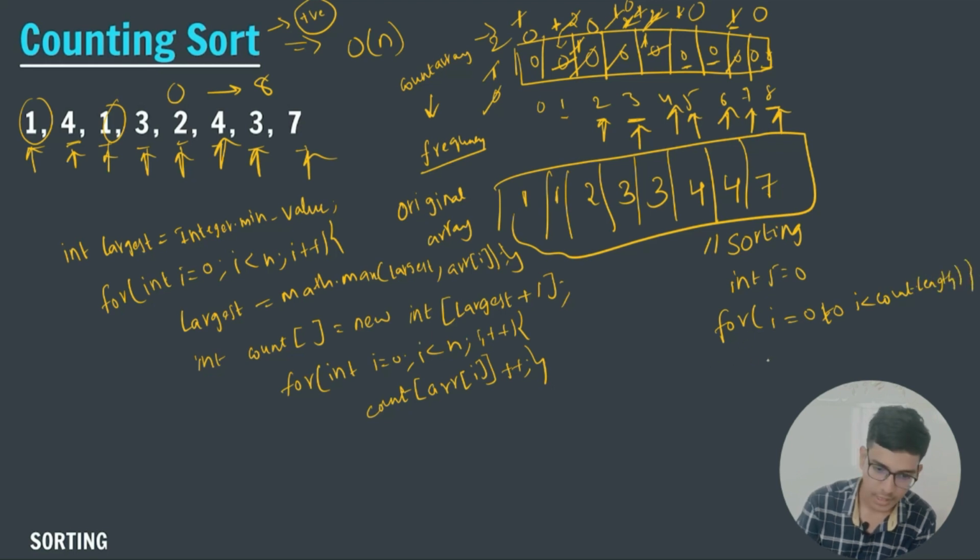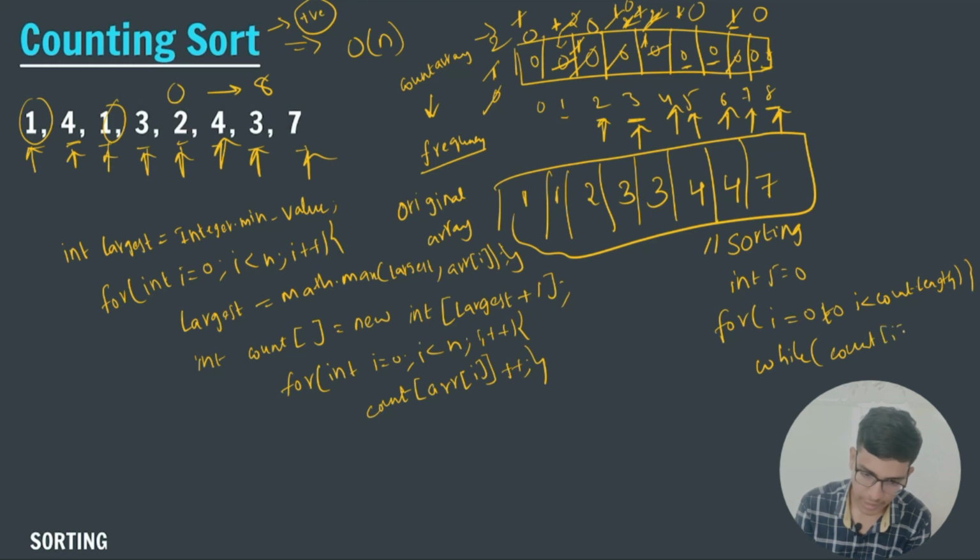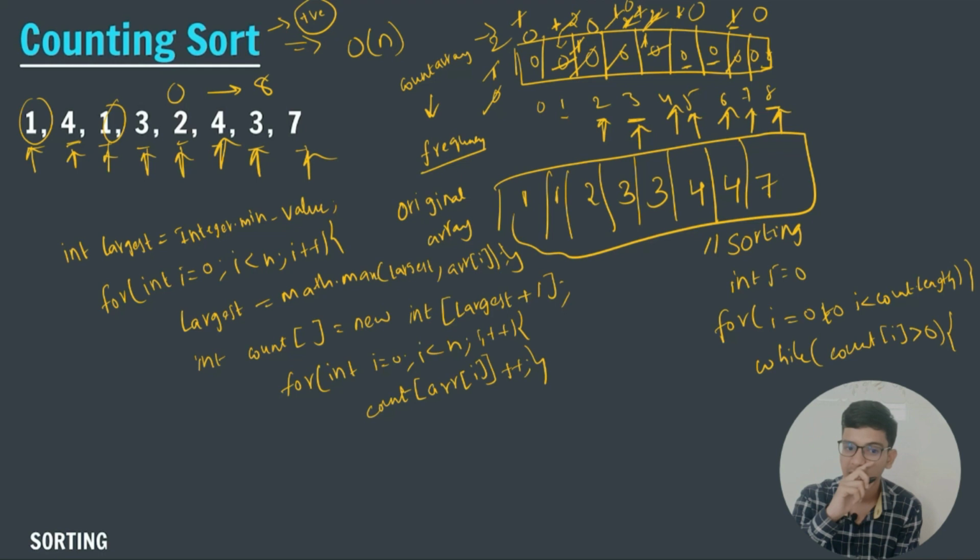After that, in the for loop, I am running a while loop: while count of i is greater than 0. Suppose I'm here, you can see that the count of 1 is 2. It has occurred 2 times, so the count at that particular index is 2.